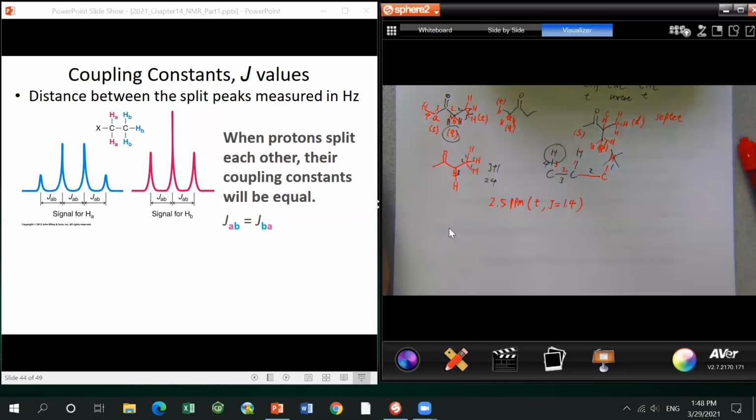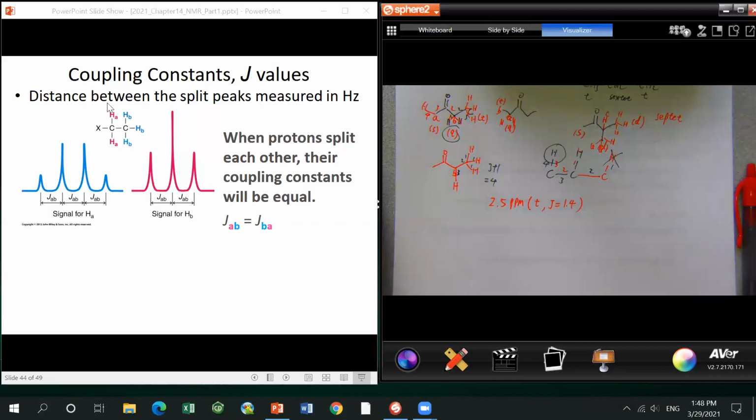The J value really depends on how strongly the two signals couple to each other. So sometimes it can range from maybe 3.4 up to 4 or 5, a very big difference. But if two protons couple to each other, their J value will be the same.